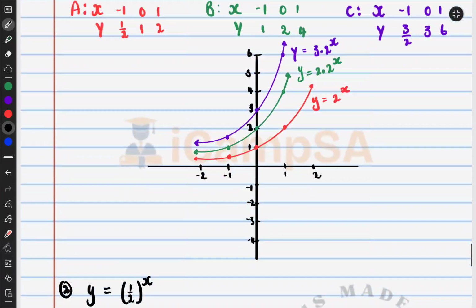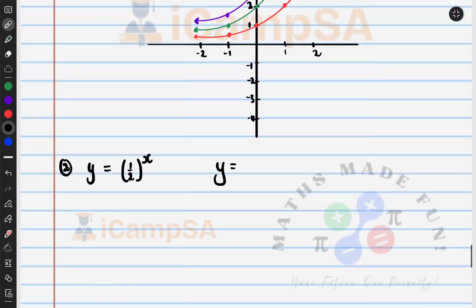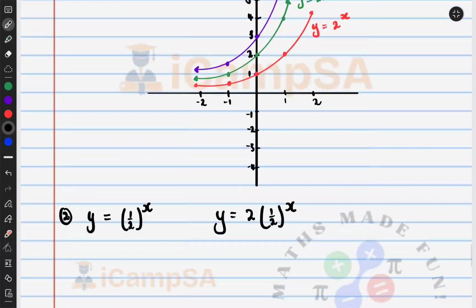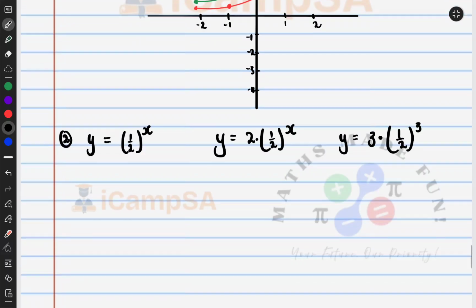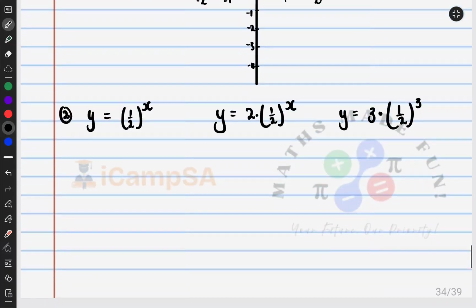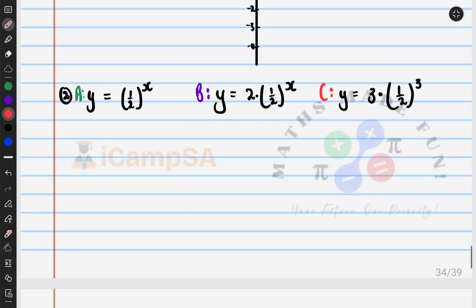And then y is equal to 2 multiplied by 1/2 to the power of x, and then lastly we have y is equal to 3 multiplied by 2 to the power of x. Let's say this one is a, this one is b, and this one is our c.